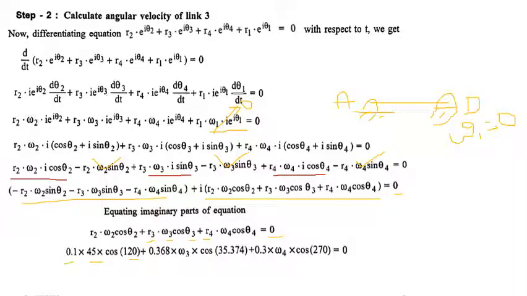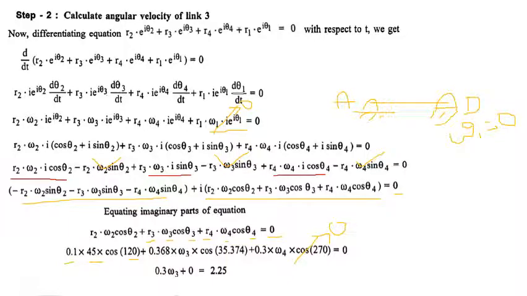R4 is given, omega 4 is not given, and theta 4 is given. Substitute theta 4 and R4. Omega 4 is not given, here it is also unknown. But cos 270 becomes 0. Therefore, this omega 4 term becomes 0.